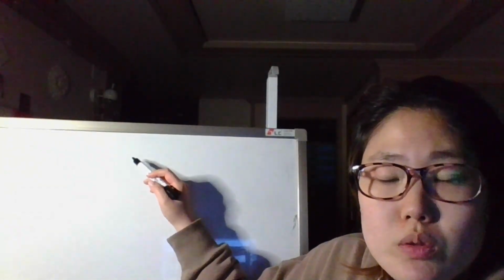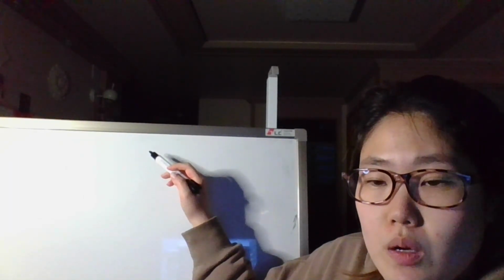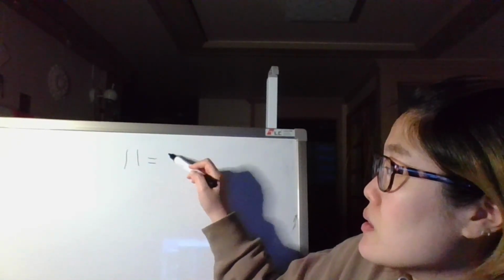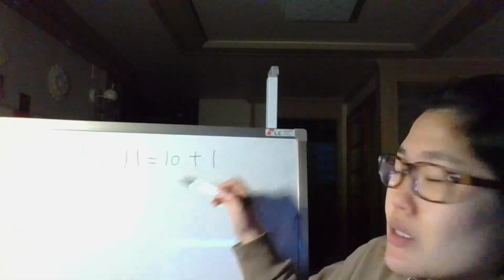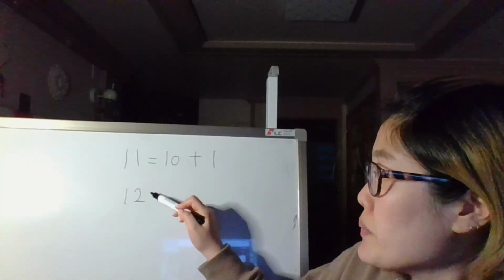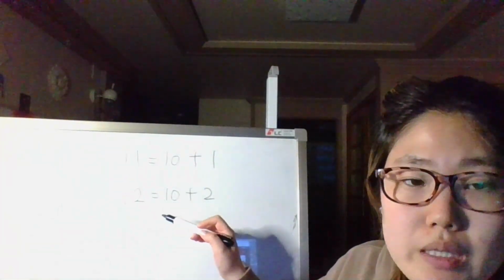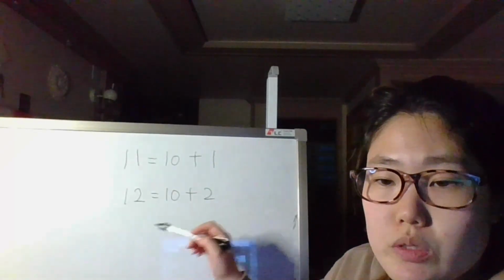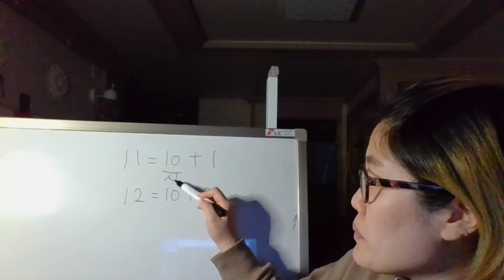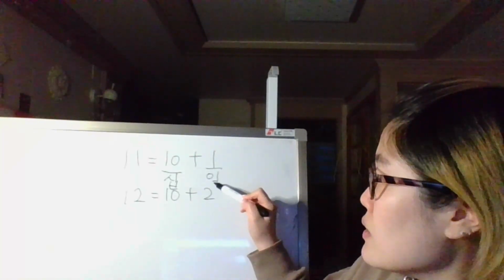So we should also know how to do mathematics. This 11 is 10 plus 1, right? You know that? And 12 is 10 plus 2, right? Do you understand? Can you see everything? This one is 십, and this one is 일.